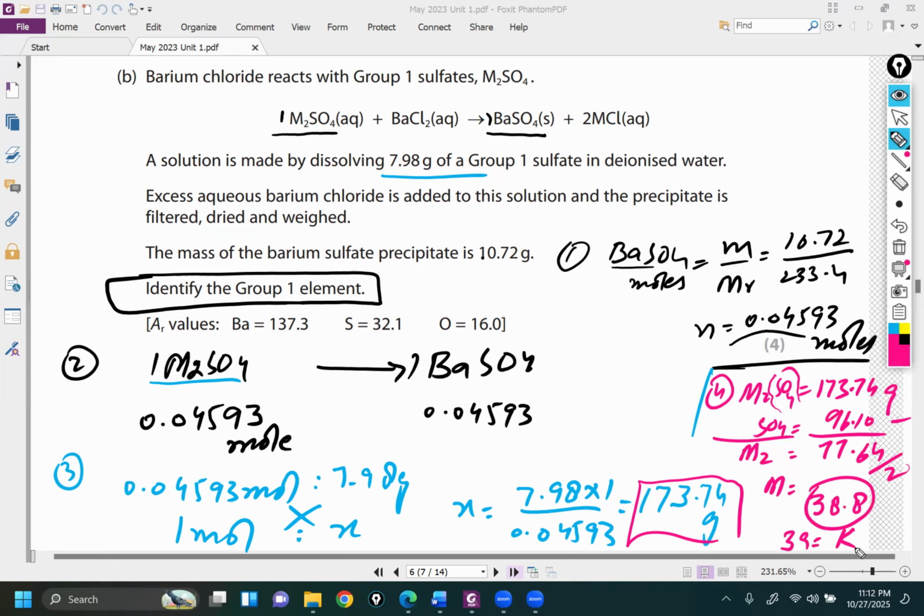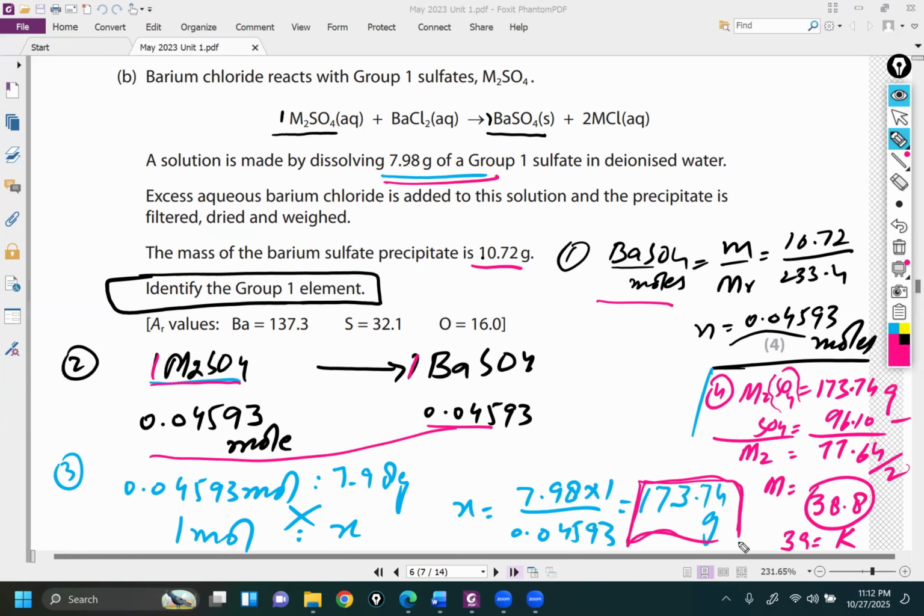So first we find out the number of moles of barium sulfate being produced here, 1 mark. The second point, from the moles of barium sulfate we come to the number of moles of M2SO4. The third point is from this mole equal to this mass, what will be the molar mass of one? We found 173.74 gram.